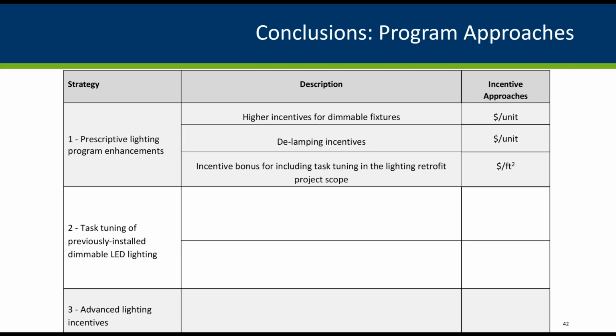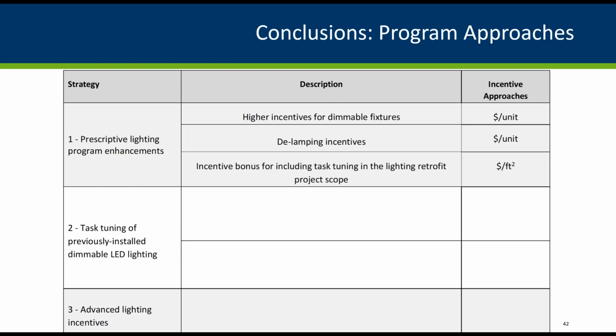Prescriptive lighting programs, the first strategy, are prevalent, and there's lots of opportunity for deploying strategies that promote optimization of light levels. In the Minnesota program interviews we conducted, tubular LEDs, which are generally not dimmable, represent a significant share of the rebate activity.